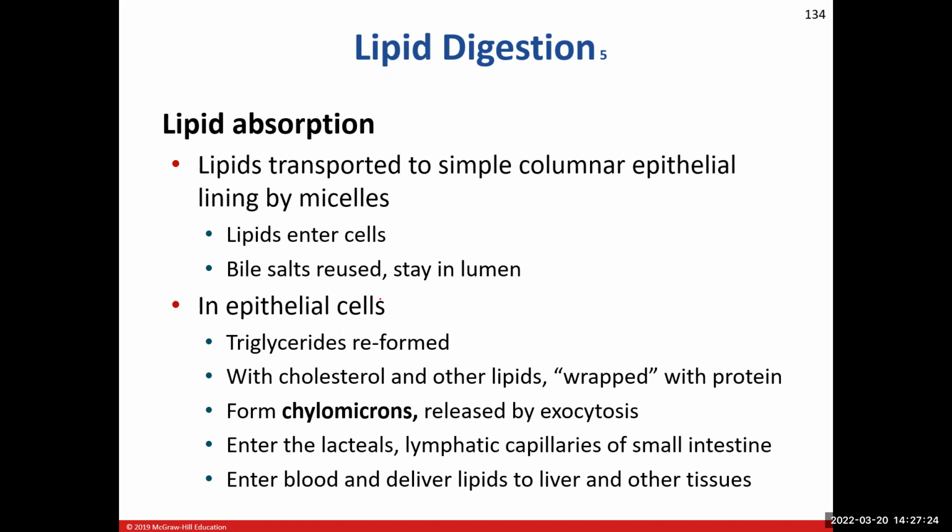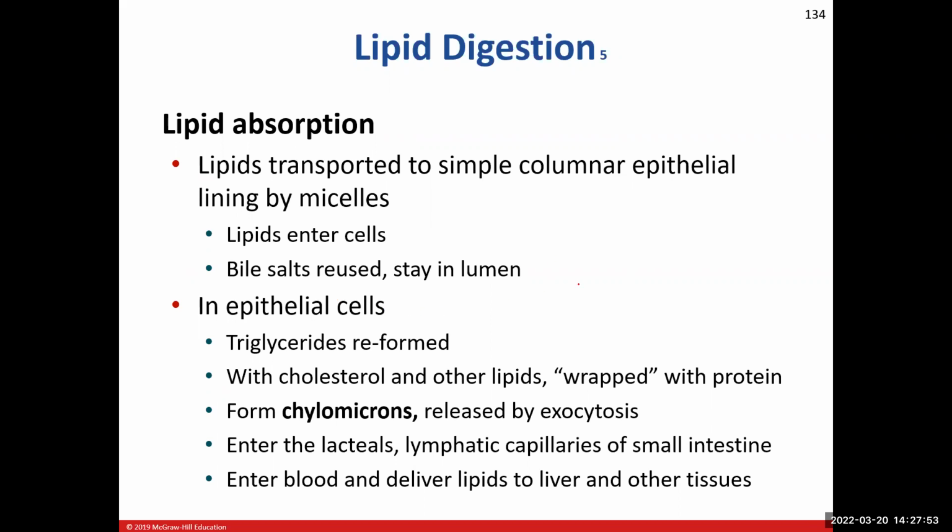So once inside these cells, we're going to reform those triglycerides. We're going to have our glycerol backbone and add on 3 fatty acids to it. We need to prepare our triglyceride for transport because we're going to export these triglycerides into your blood.